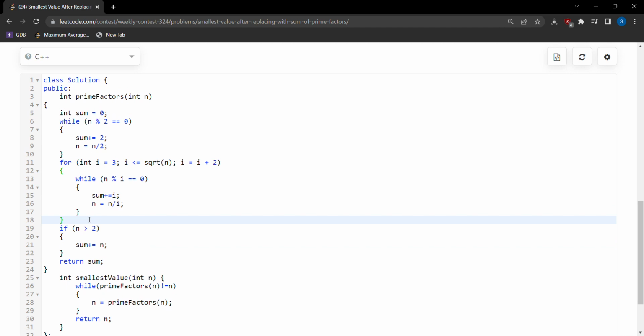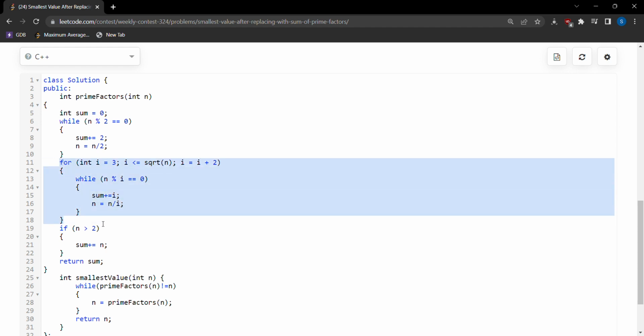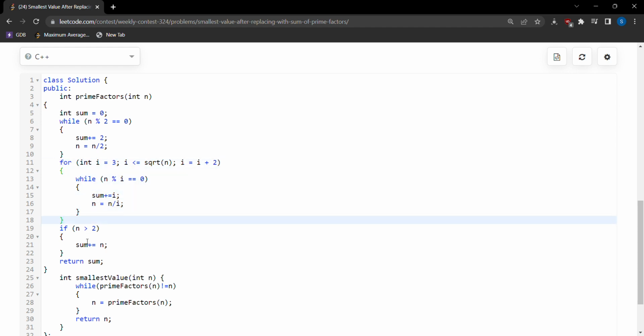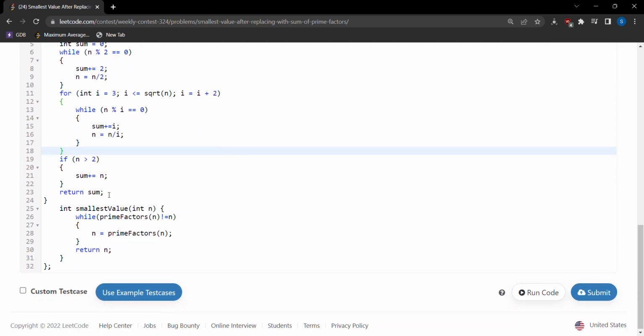So that particular prime number is also our answer, but it couldn't come here, right? Now n, if it is greater than 2, of course it will be greater than 2. We have already removed the previous numbers. Like if the particular number comes 1, then we don't have to add that to our solution. It won't come 2 because we have already removed all 2's. So if it is greater than 2, that means if it is not 1, then we have to add that number also and then return sum.